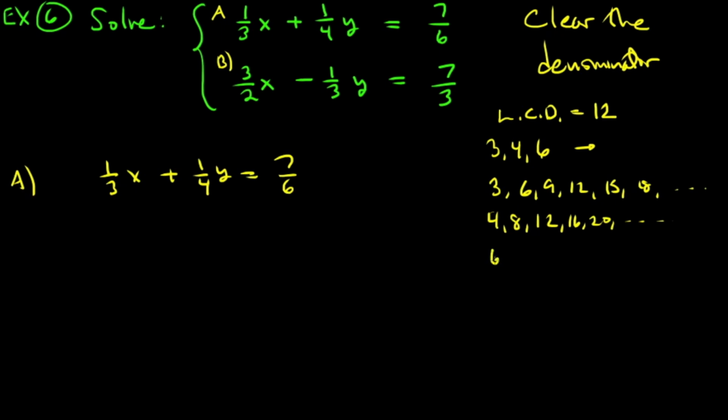And the multiples of 6 are 6, 12, 18, 24, and so on. The first number that's the same on all 3 lists is 12.